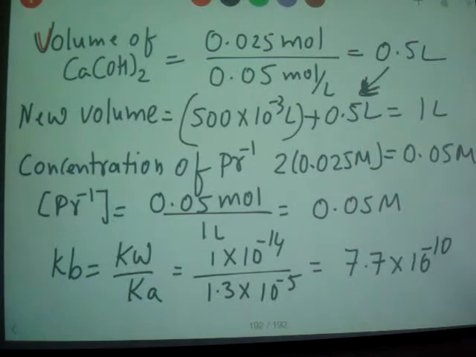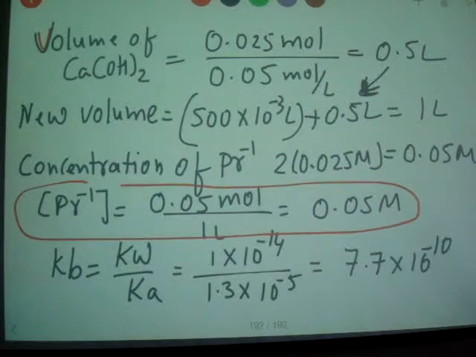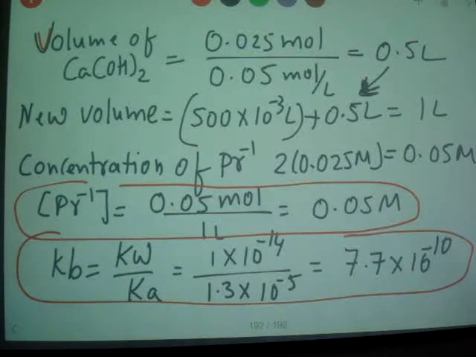Now we have everything. We have the concentration of Pr minus and we have Kb, so we can use an ICE table.